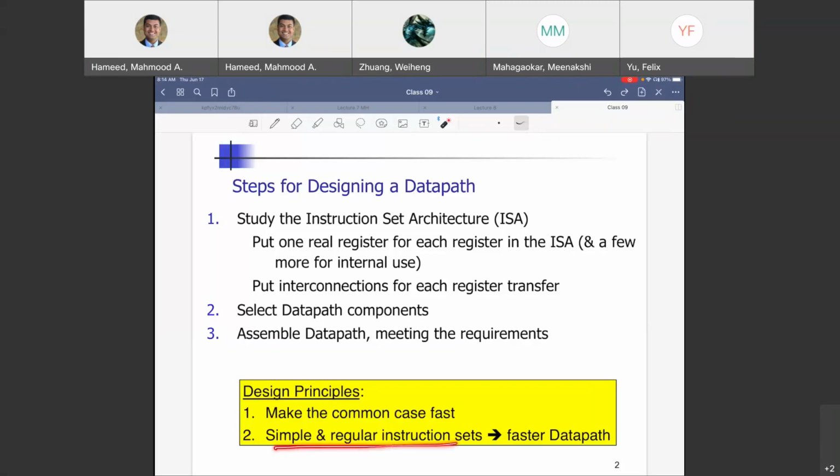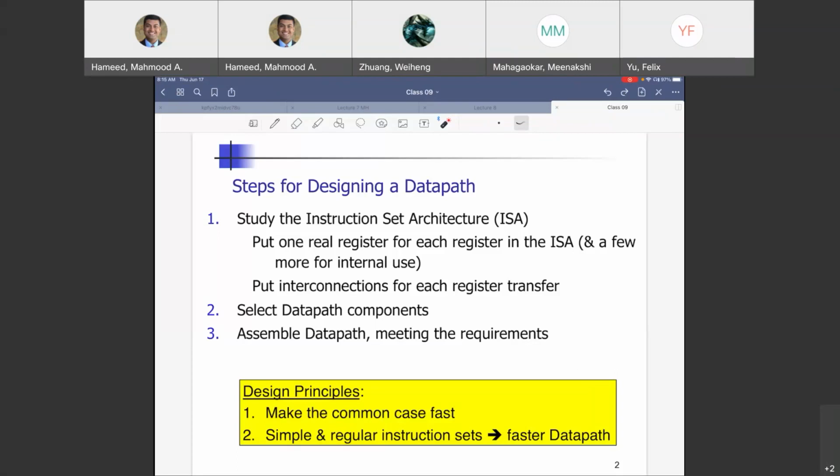Second, simple and regular instructions allow for you to make a faster data path. What is the data path? Data path is all the hardware to support one instruction getting executed, which has 5 stages, right? Instruction fetch, decode, execute, and so on. At the very end, you have the update program counter to the next instruction. So all of that has to be executed. And if the instruction set is simple and regular, you can do it in a faster manner.